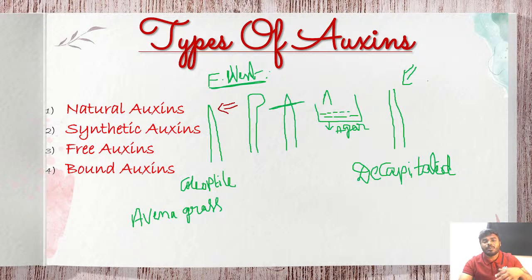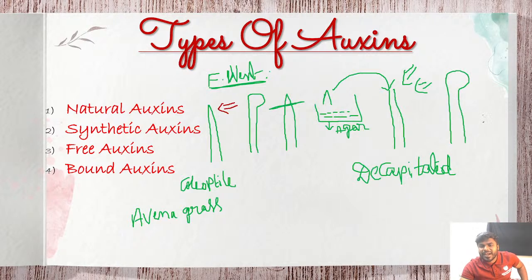Now, after some time, what Went does, once again, is take the cap he kept in the agar solution and put it back on this decapitated part, and expose it to the unilateral sunlight. My friends, then this coleoptile starts bending.